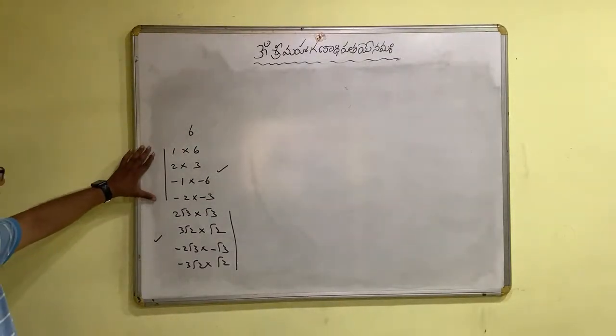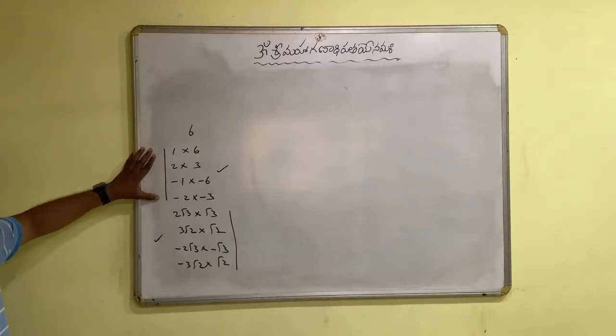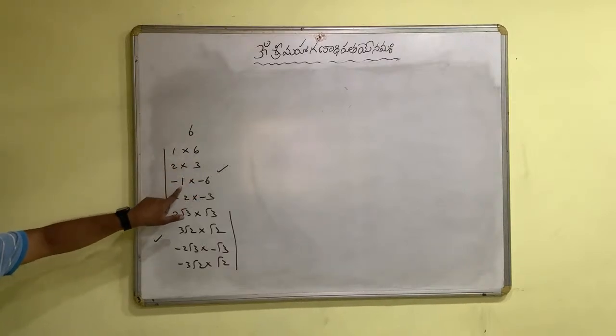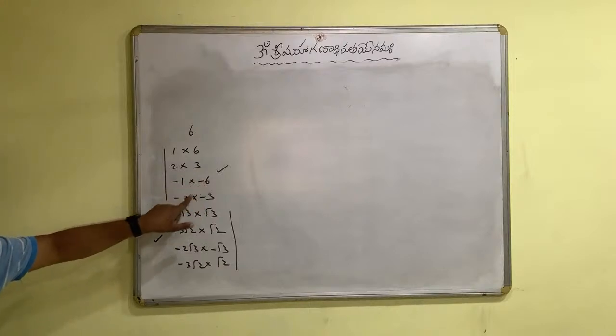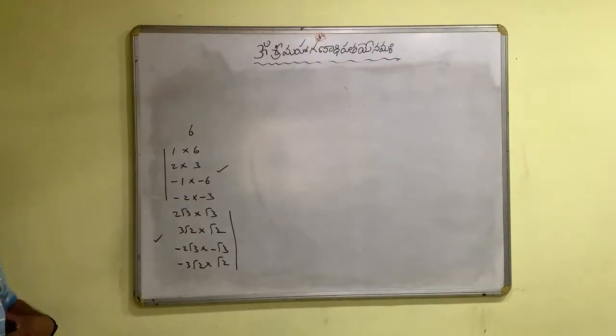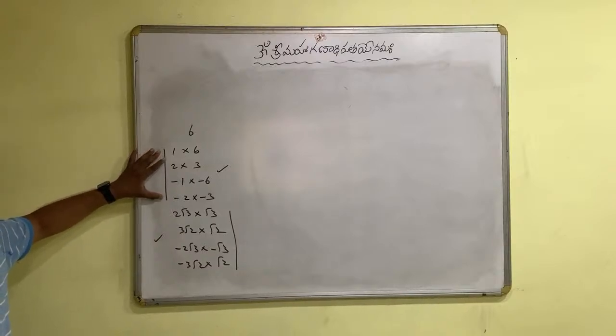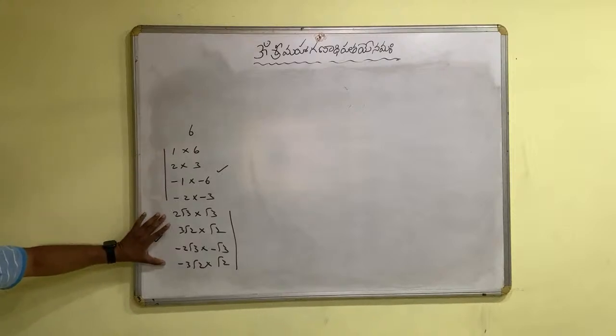See, what we call these? When we multiply all these, 1 into 6 is 6, 2 into 3 is 6, minus 1 into minus 6 is 6, minus 2 into minus 3 is 6. So these are called integral factors or rational factors. And what we call these?